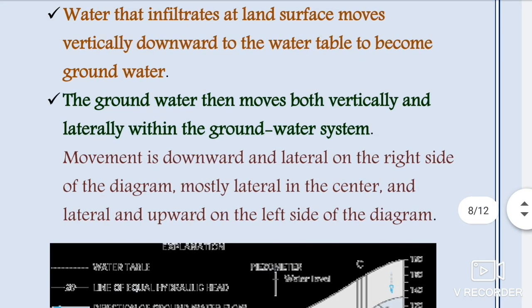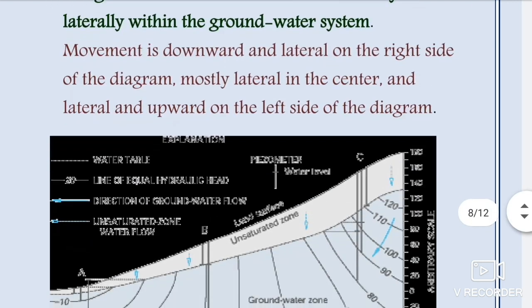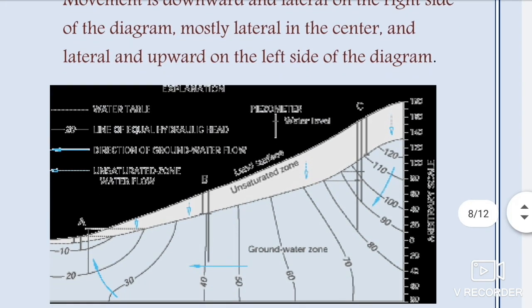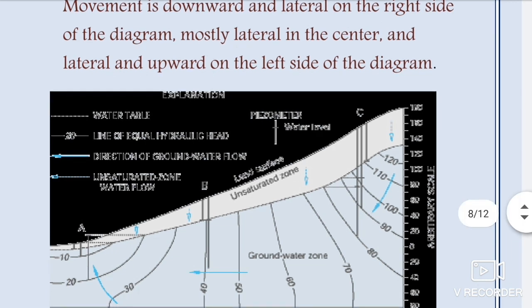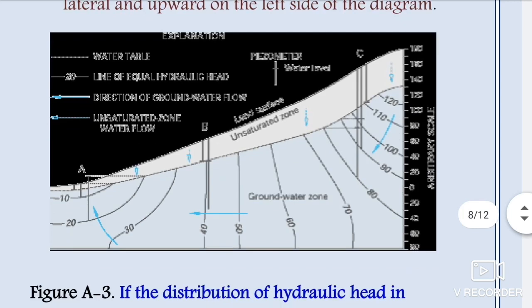The groundwater then moves both vertically and laterally within the groundwater system. The movement is downward and lateral on the right side of the diagram, mostly lateral in the central part, and lateral and upward on the left side of the diagram, as you can see.